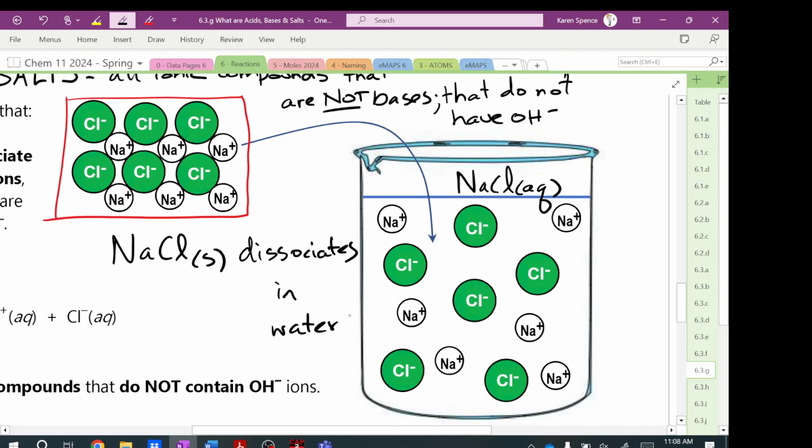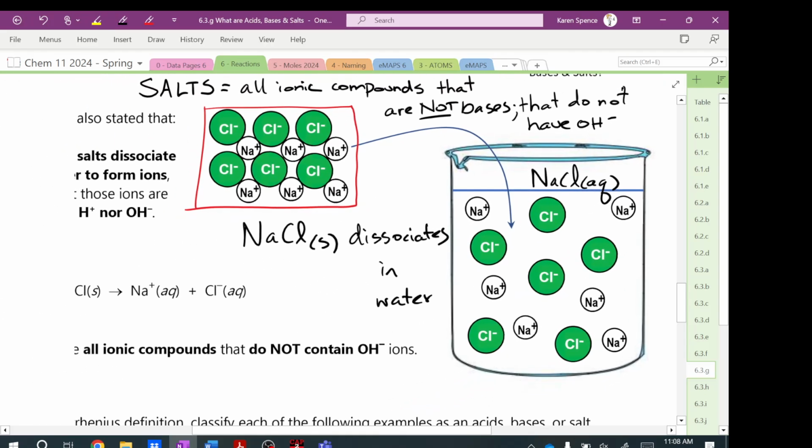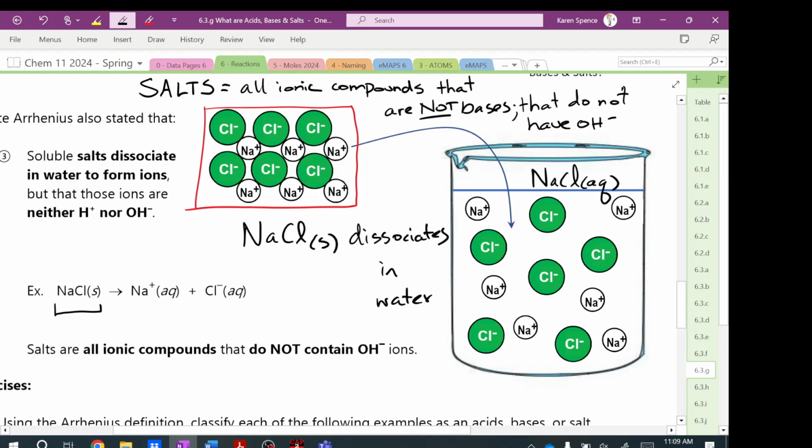And you can write the dissociation equation just like the previous ones, where you start with it together as the solid, and then you have them apart as aqueous ions. That is our dissociation equation.